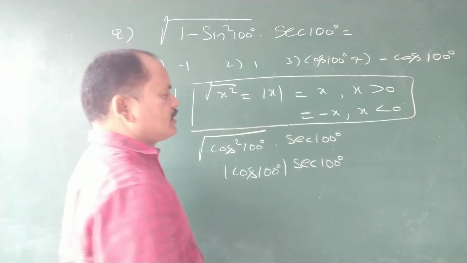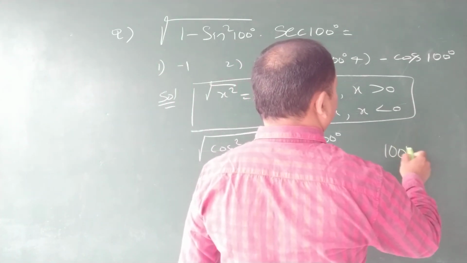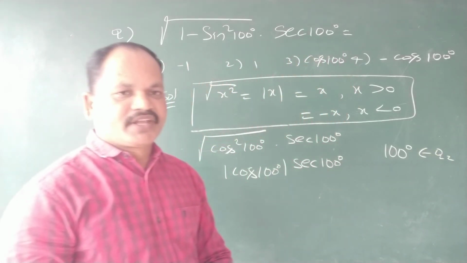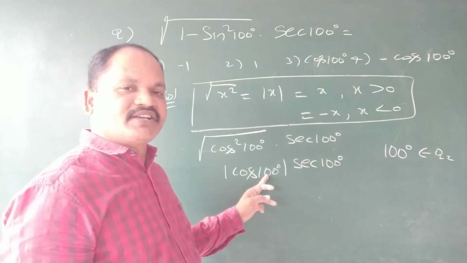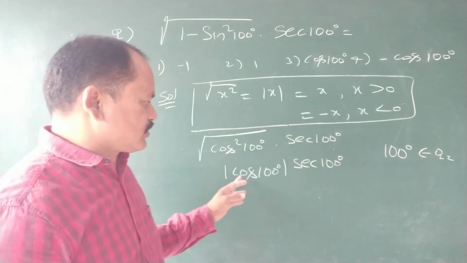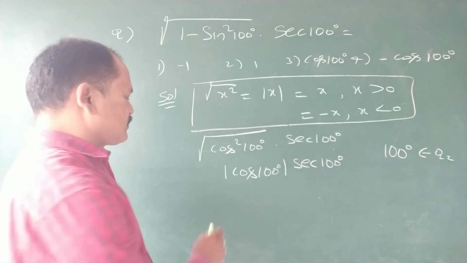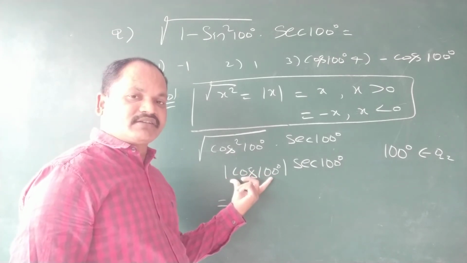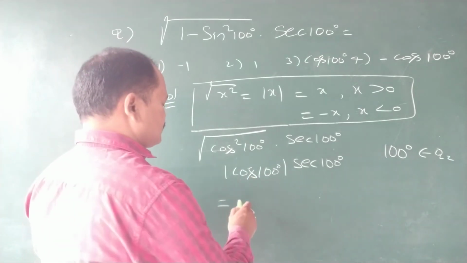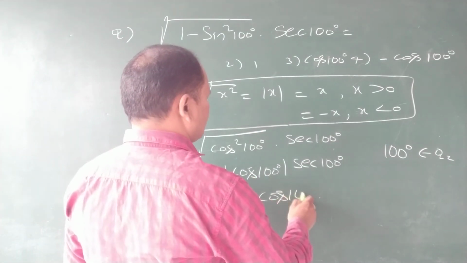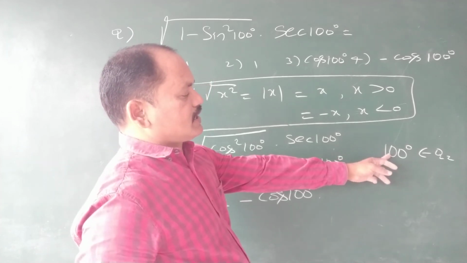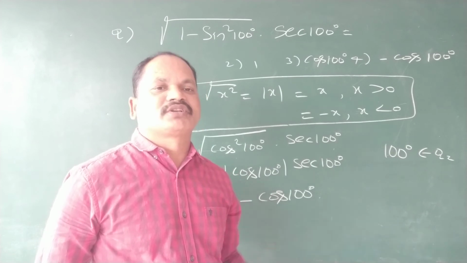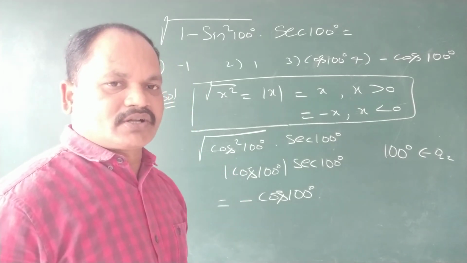Actually 100 degrees belongs to the second quadrant, since that is an obtuse angle. In the second quadrant cos gives negative. That's why mod cos 100 is nothing but minus cos 100, since 100 is 90 plus 10 and belongs to the second quadrant.